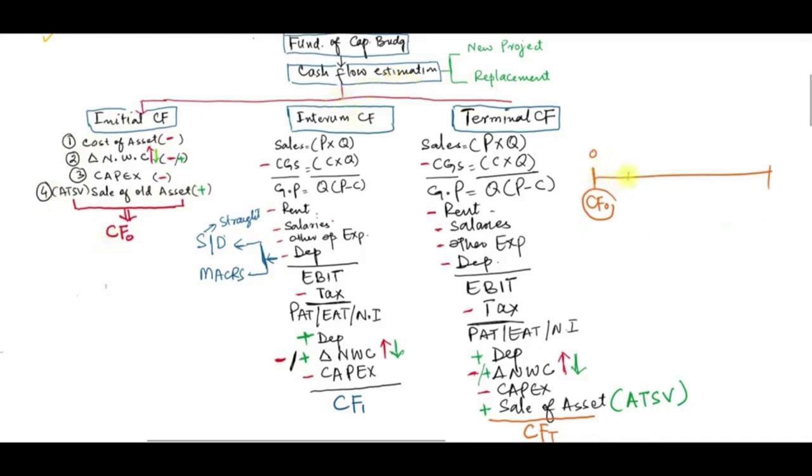After that we have cash flows 1, 2, 3, 4, 5, 6 before the terminal one. All these cash flows are called interim. And how do we get sales? P into Q, COGS is C into Q, and gross profit. Normally questions either give you price into quantity information, or they give you sales or cost of goods sold directly.